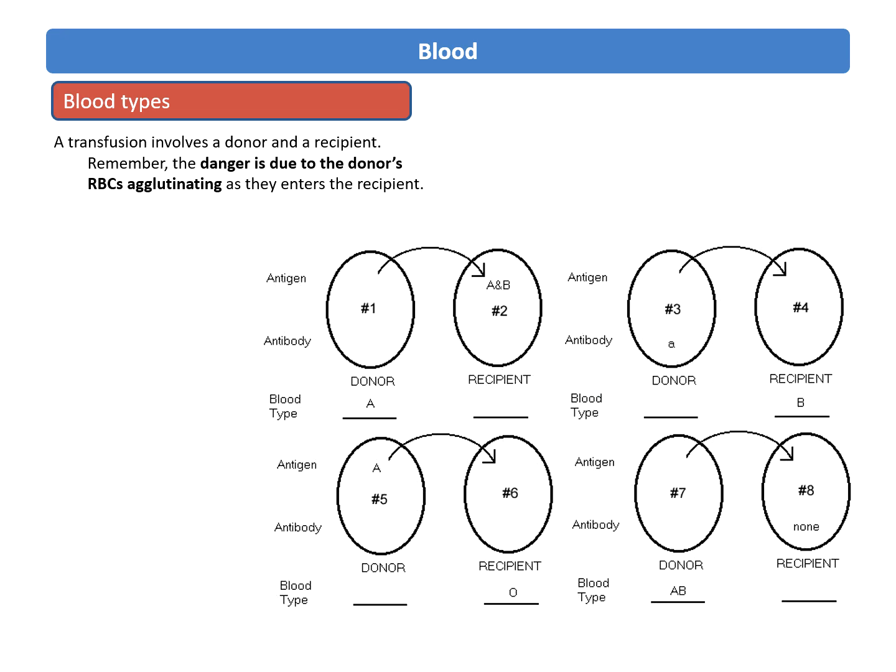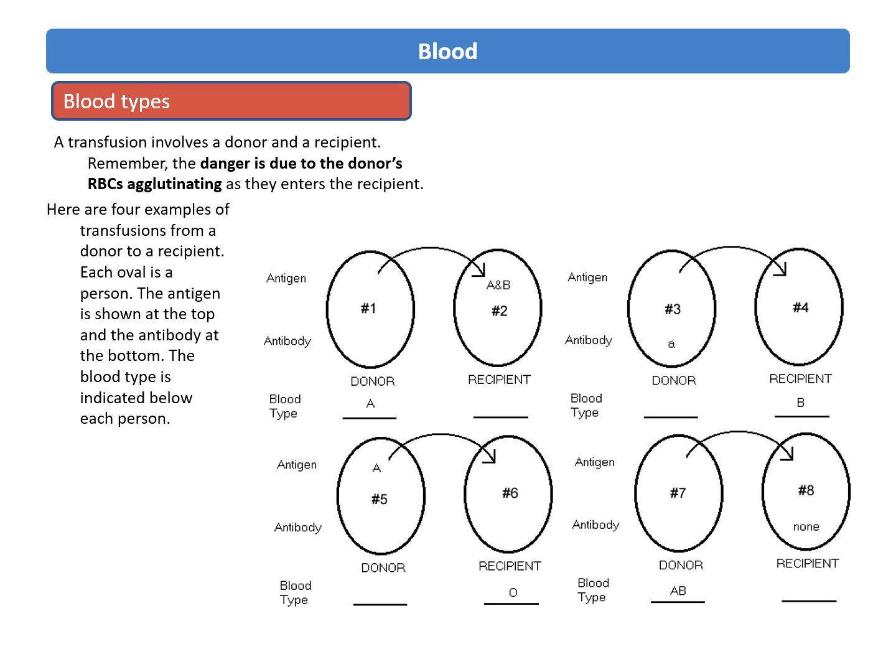The transfusion, as we said, involves a donor and a recipient. Remember, the danger is due to the donor's red blood cells agglutinating as they enter the recipient. Here are 4 examples of transfusions from a donor to a recipient. Each oval is a person.